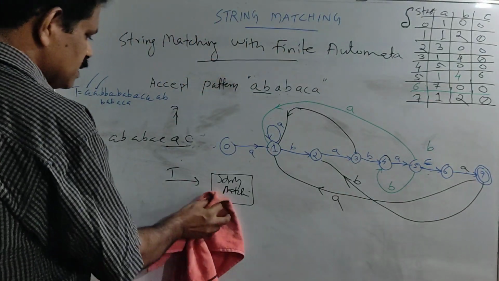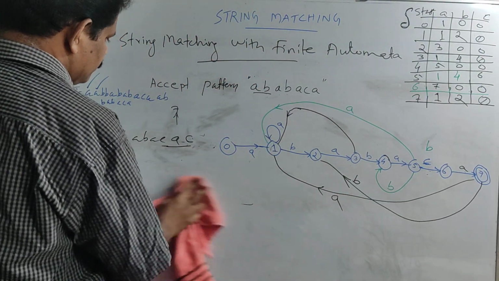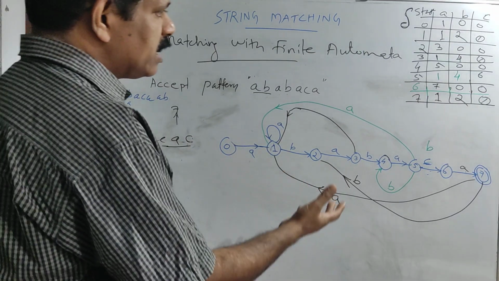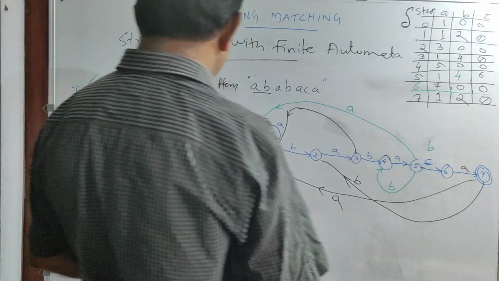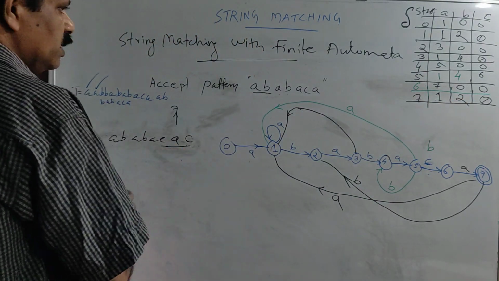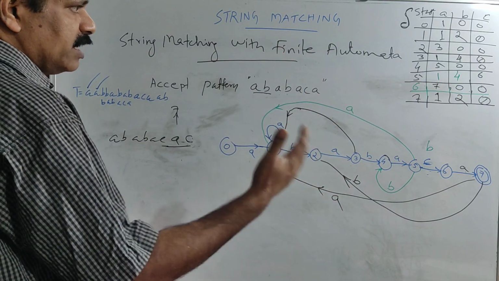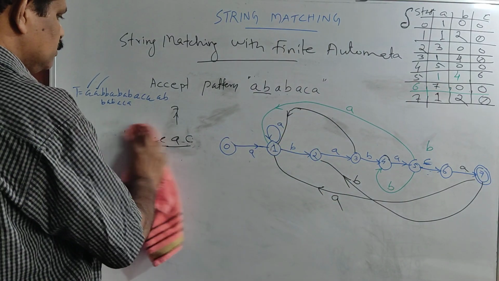We are doing string matching with automata. We have represented this automaton as a transition table. We have computed the next state on getting a particular character at every stage.